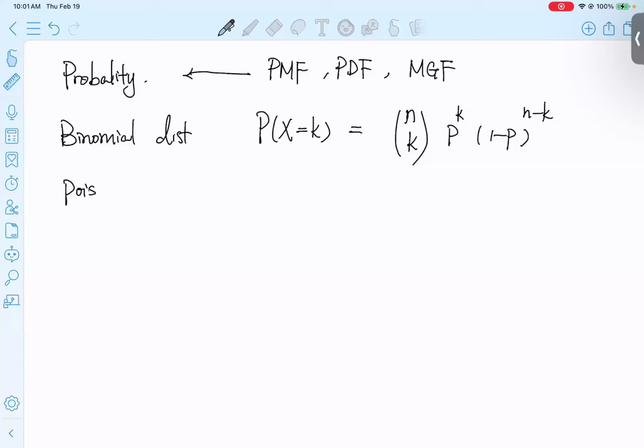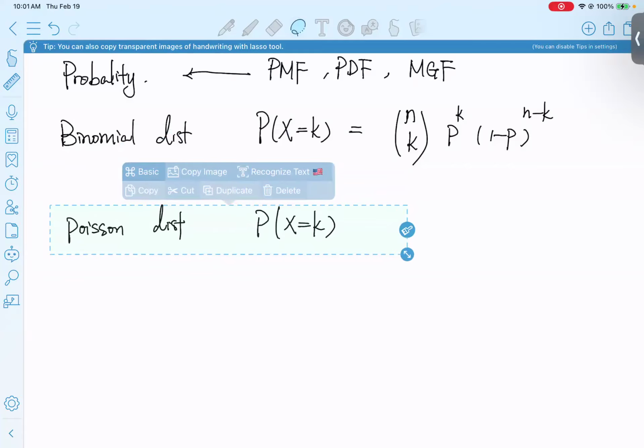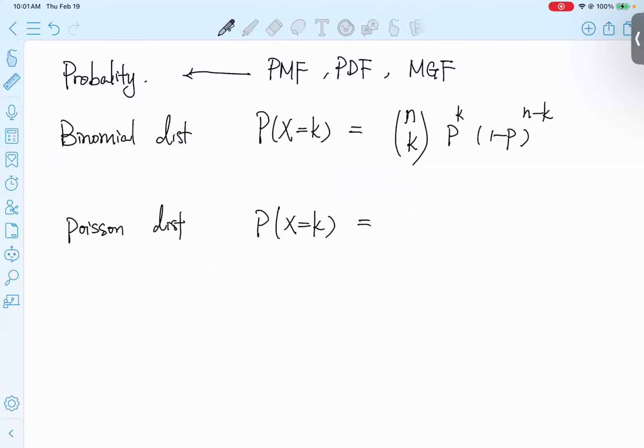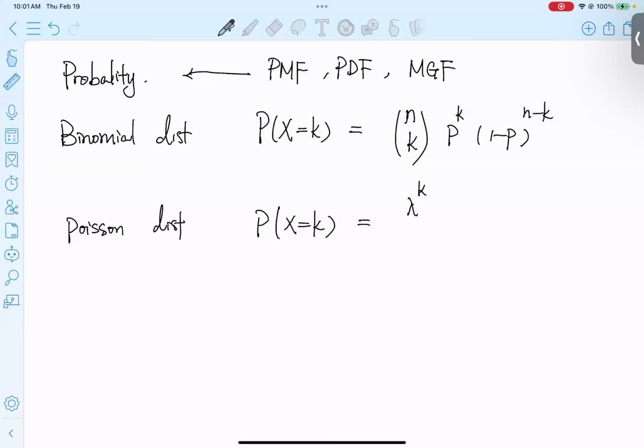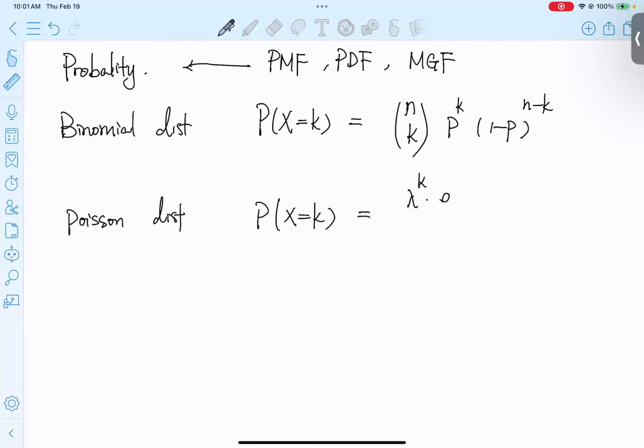And then we also have the Poisson distribution. Similarly, this is also a discrete random variable, something to measure the count. The formulation is equal to the parameter lambda raised to the power of the count k that you have observed, multiplied by the exponential raised to the power of negative lambda, divided by k factorial.